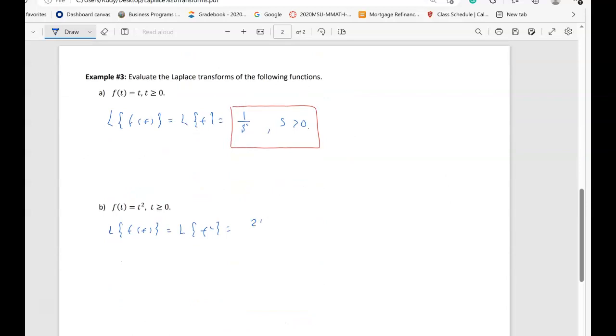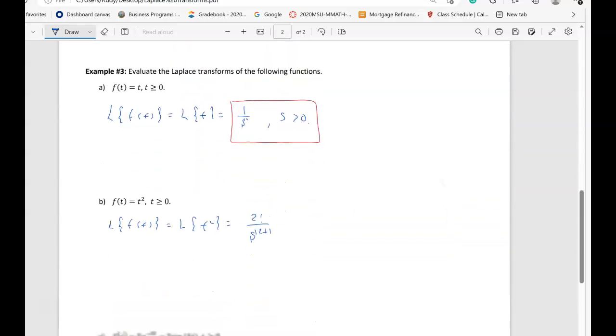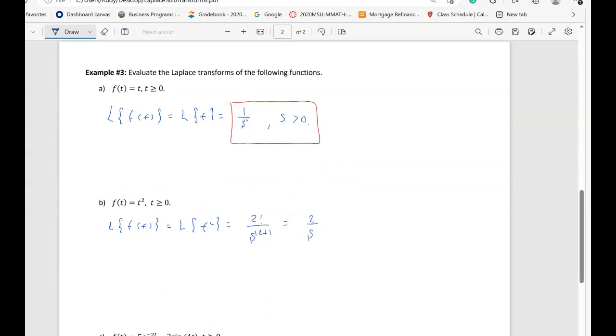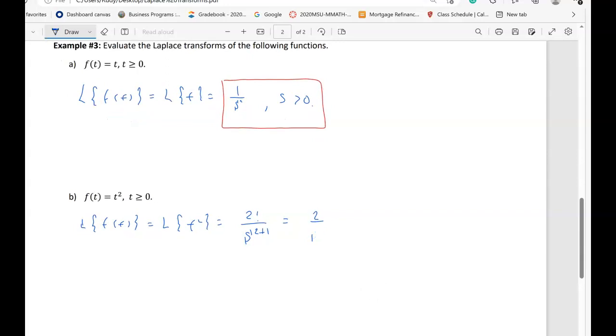So this is 2 factorial over the values of s to the 2 plus 1. Let me double check, but yeah, n plus 1. And we end up with simply 2 over s to the 3rd power, technically for the values of s greater than 0.